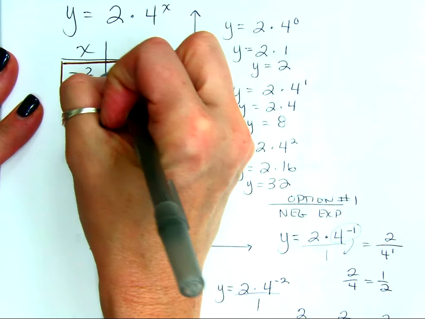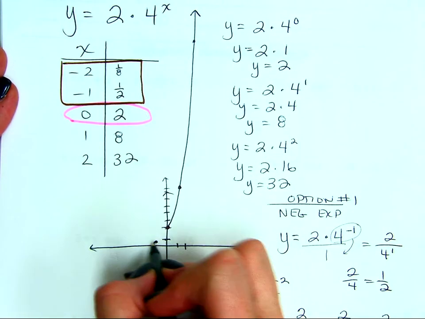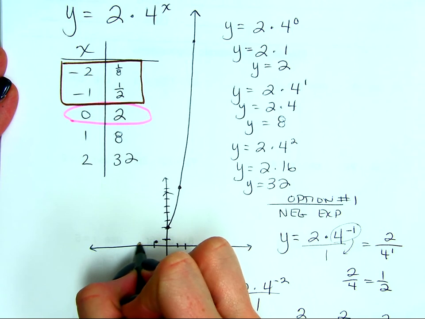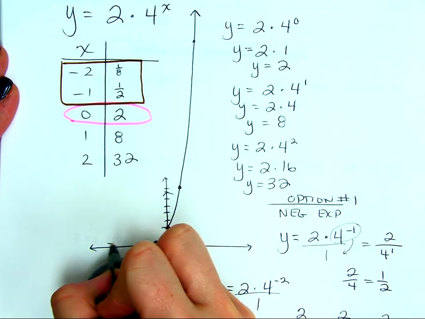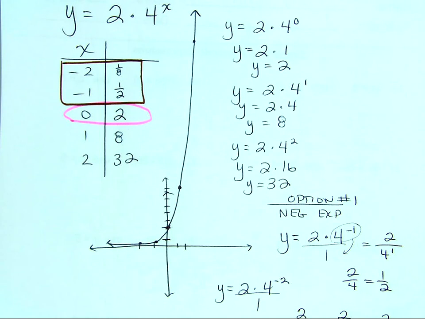So I have my points. Negative 1 is 1/2. Negative 2 is 1/8, which is so close. And I have those two. I'm going to connect them, but not let them touch. And there's your graph of that, okay?